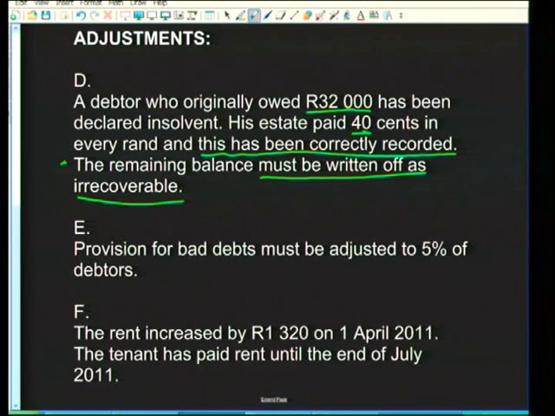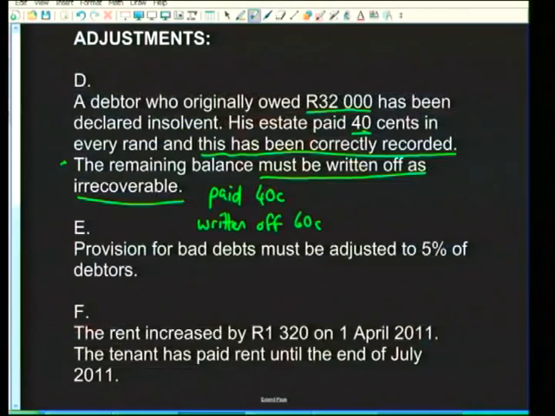So what that means is he paid us 40 cents for every 1 Rand that he owes us. So the amount that must be written off is going to be 60 cents for every Rand that he owes us. He paid us 40 cents, but he owed us 32,000 Rand, so for every Rand, 60 cents must be written off.